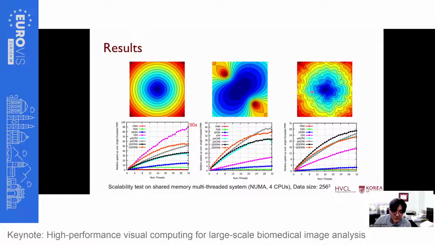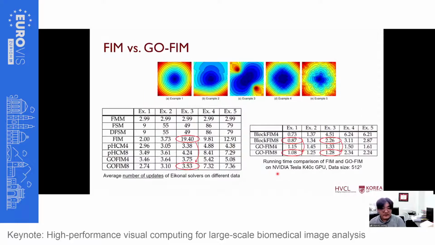In the other, more complicated case, the vanilla FIM is not the fastest one, but if you use group ordered FIM, then this actually surpasses the other state-of-the-art parallel algorithms. So it reaches at least 30 or 40 times relative speed up compared to the fast marching method. And this graph also shows you the effect of the group order, a comparison of the vanilla FIM and group order FIM.